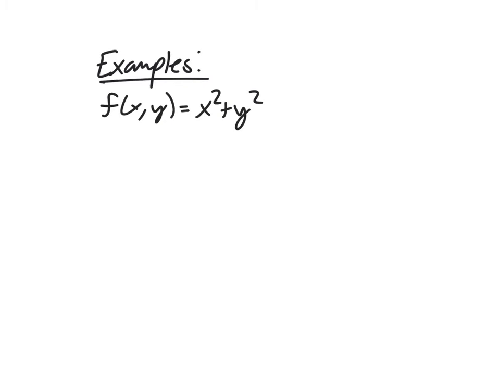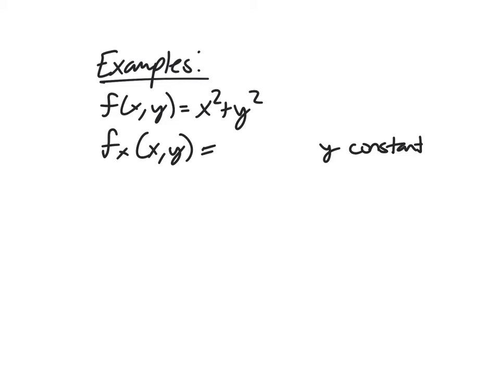So now let's go ahead and look at how to actually compute these things. We'll look at our favorite bowl shape, this paraboloid, x squared plus y squared. You don't have to use this whole limit definition here. We can really use the fact of what I said: you should treat y as a constant when dealing with the partial with respect to x. You're only thinking of the change with regards to that one variable.